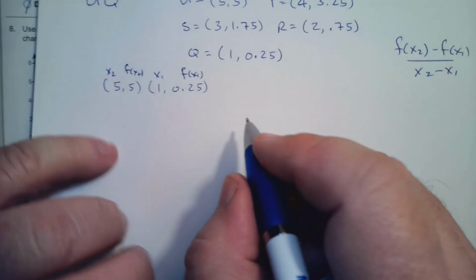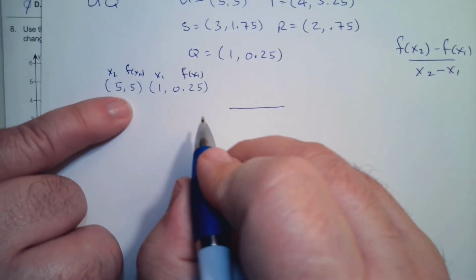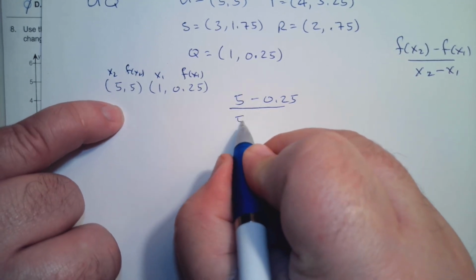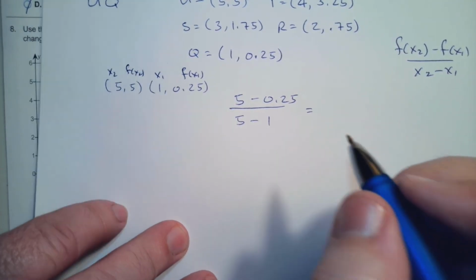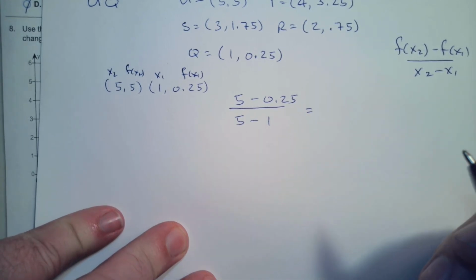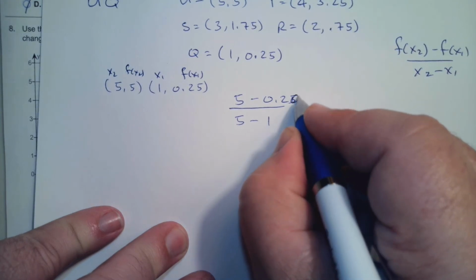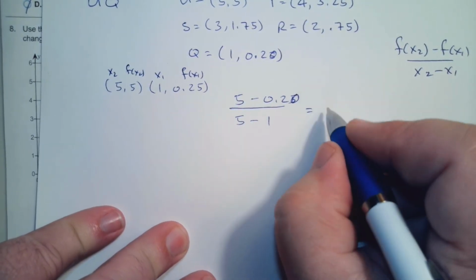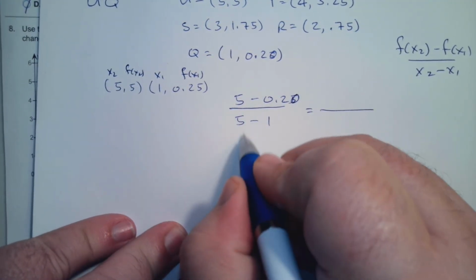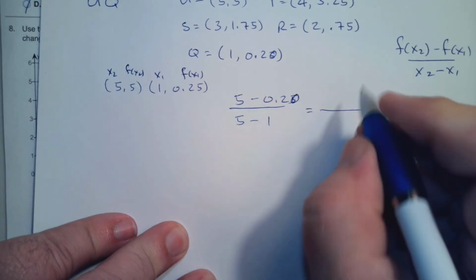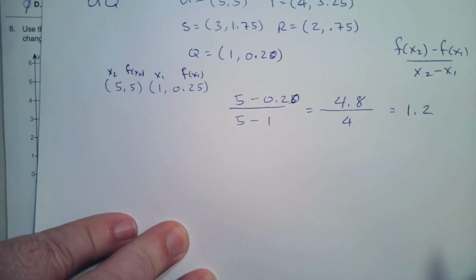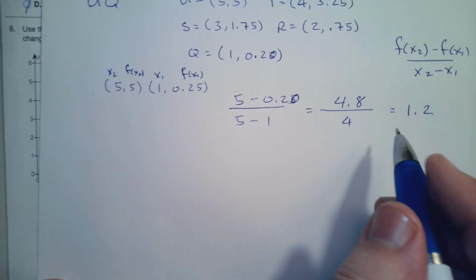So we have 5 minus 0.25 over 5 minus 1. Actually it'd be easier if I put 2, 0 here, because if I use 2, 5, then I might have some weird number. 5 minus 0 is 4.8 over 4, 1.2. It's an approximation anyway.